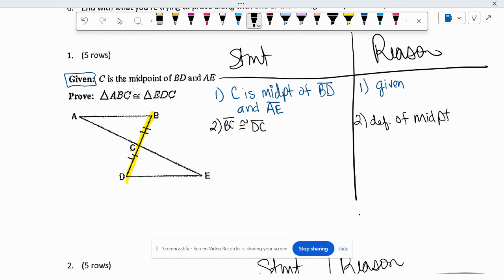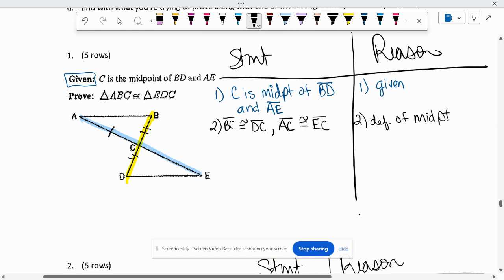But it says that C is the midpoint of segment BD, and C is also the midpoint of segment AE. So what does that mean? It's the same for that side. Yeah, exactly. So I'm going to write it with the same reason. It also means that segment AC is congruent to segment EC. So do you see how we use what's given to us to build a proof?